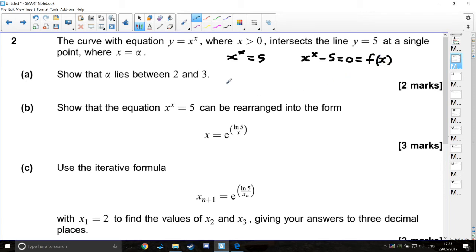Okay, so I'm going to work out f of 2 for this, and just to be correct, I'm going to get rid of that 0. f of 2, just subbing in 2 into this equation, that's 2 to the power of 2 minus 5, and what's that? That's 4 minus 5, that looks to be minus 1.